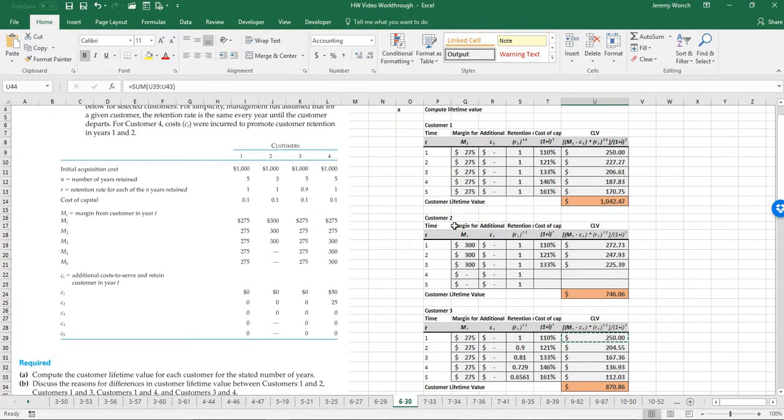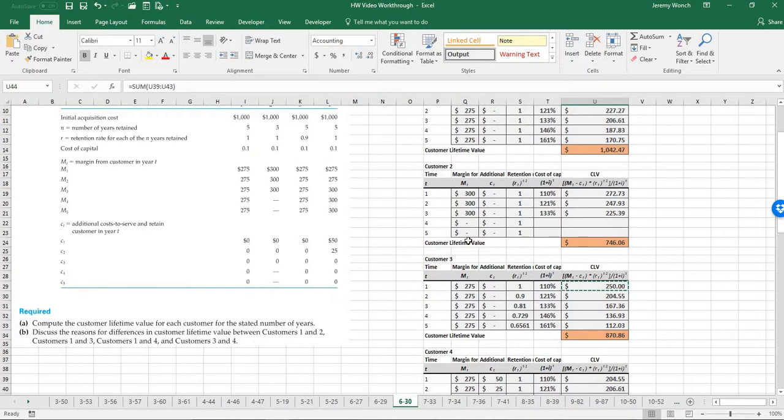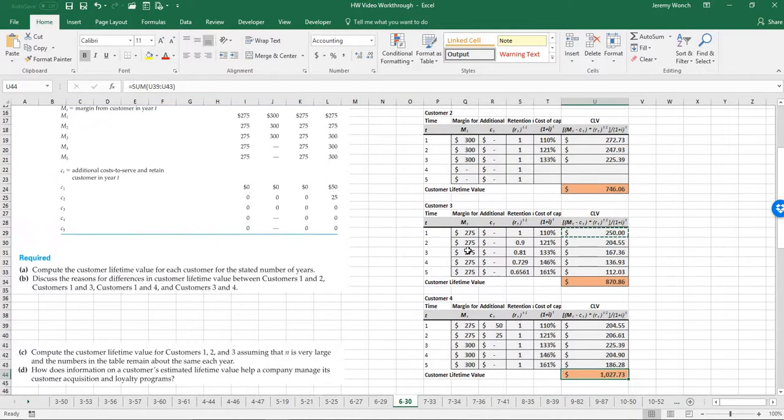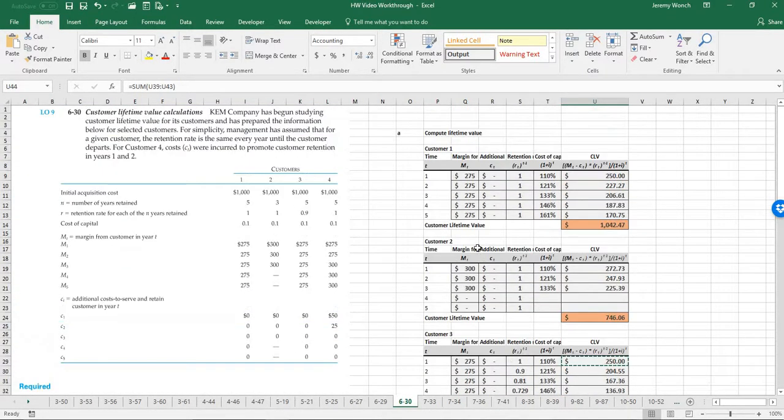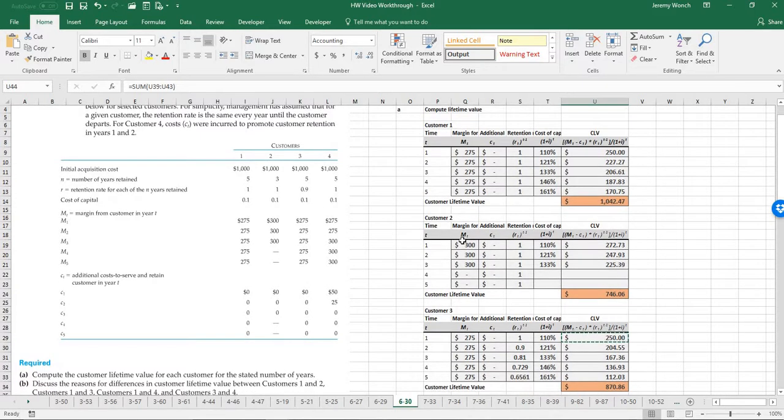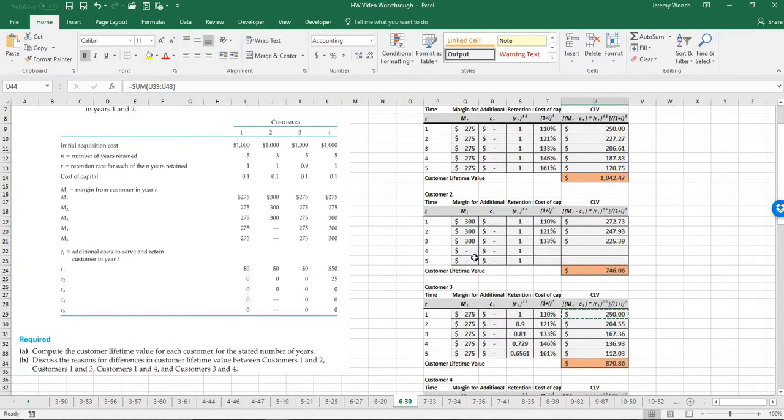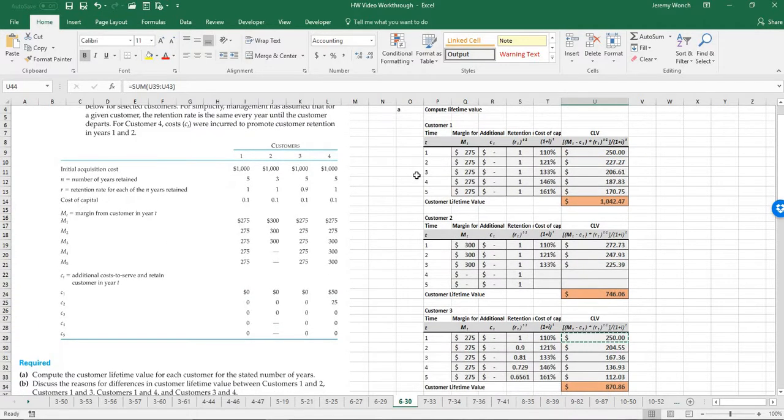So we can see right off the bat, customer 2 and 3 are lost causes. The difference between customer 1 and customer 2 is that customer 2 has a higher margin, but we only get to have them for those 3 years. Because we have a longer period of time with customer 1, we're going to have a longer lifetime value for that customer.